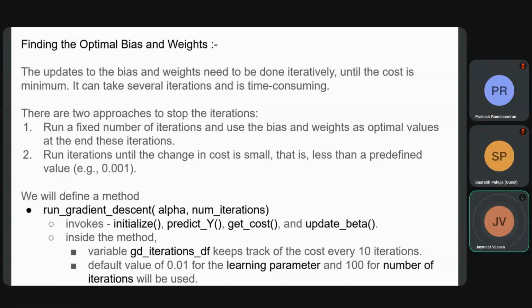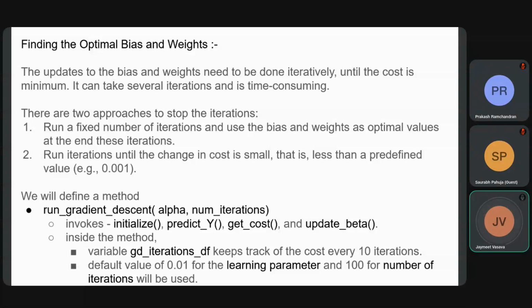It can take several iterations and is a time-consuming process. There are two approaches to stop the iteration: run a fixed number of iterations and use the bias and weights at the end as optimal values, or run iterations until the change in cost is less than a predefined value, which can be 0.001, for example.